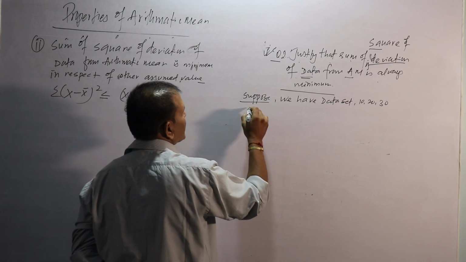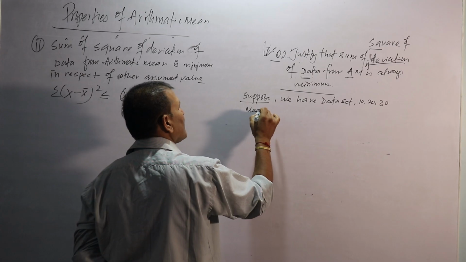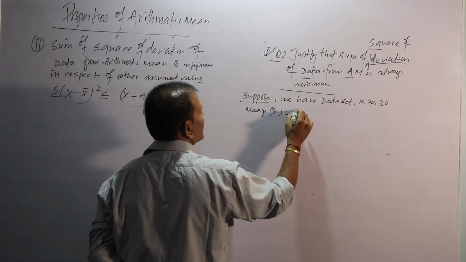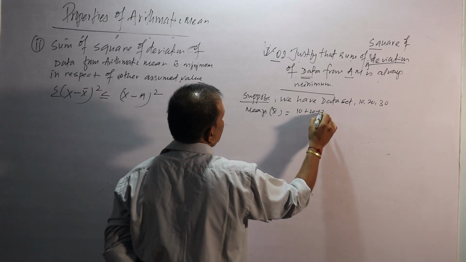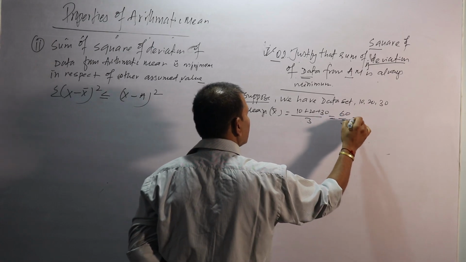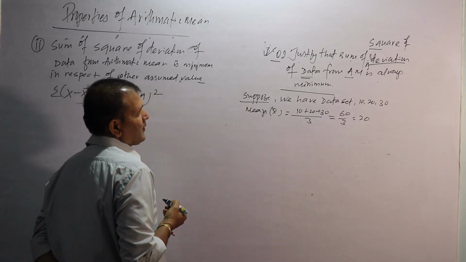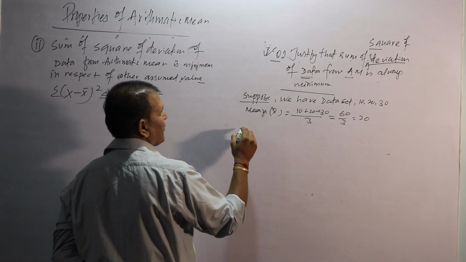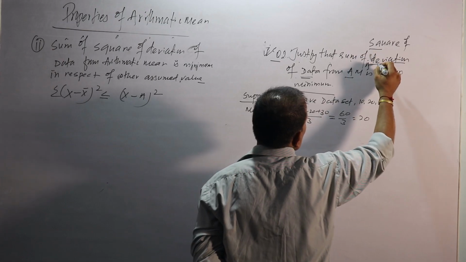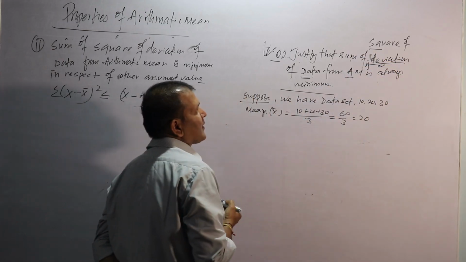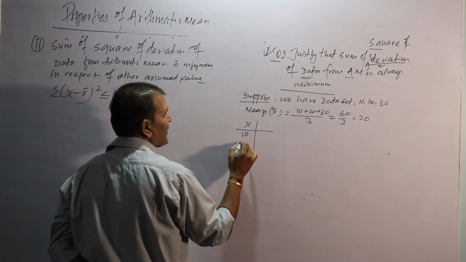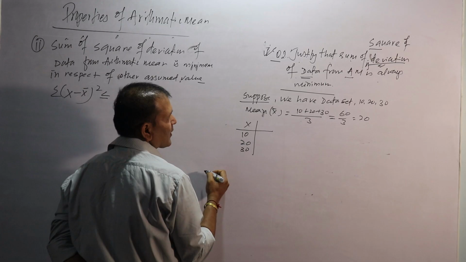First of all, you calculate the mean. What is the mean of this data set? X mean is equal to (10 + 20 + 30) by 3, 60 by 3, which is 20.